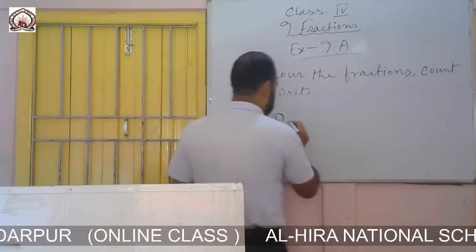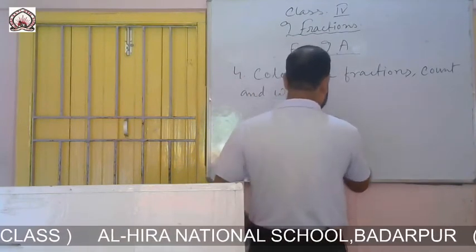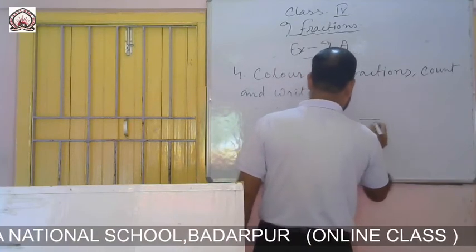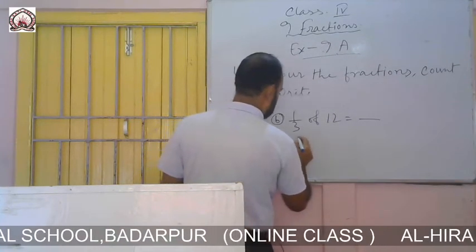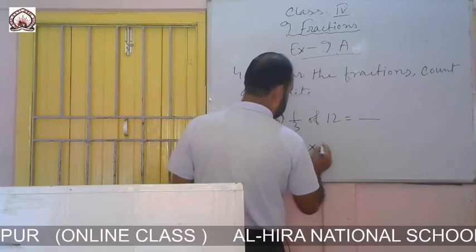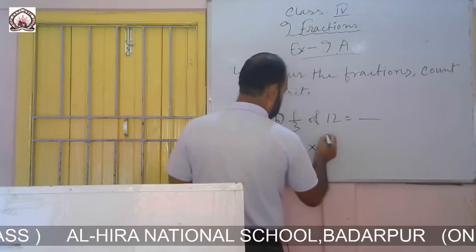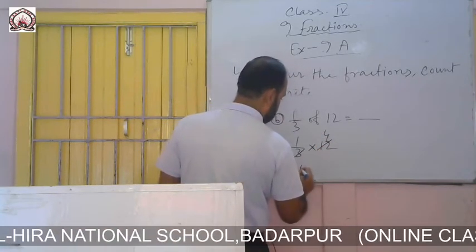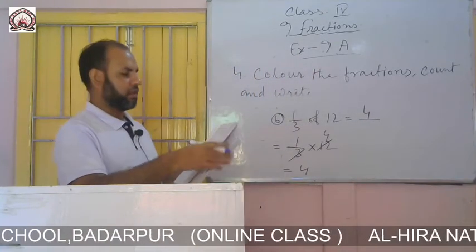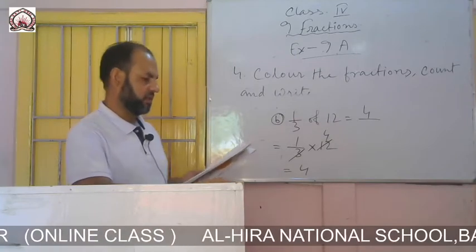So 1/3 of 12 equal to dash. So 1/3 into 12, cut 3 1s are 3, 3 4s are 12, answer is 4. So 4 parts or 4 rectangles you have to color.